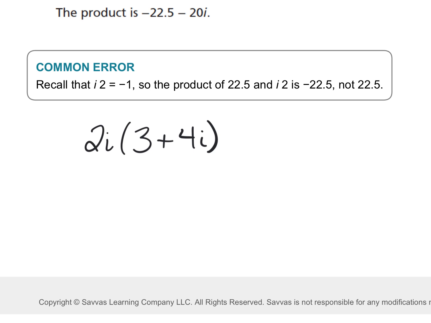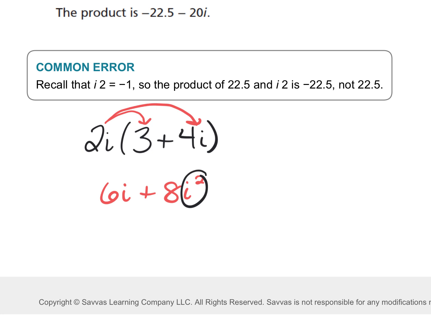Okay, how do I multiply this? What am I doing? Yep, I'm distributing. 2i times 3, what's that? 6i. What's 2i times 4i? 8i squared. Good. What did we write in our notes at the beginning of class? i squared equals -1. So we have to realize that right away. If we ever have an i squared, I want you to circle that.